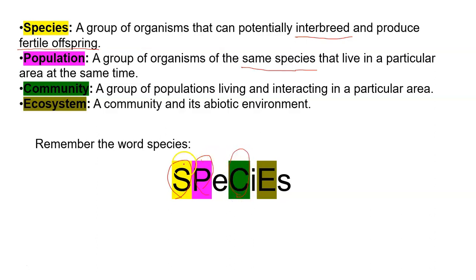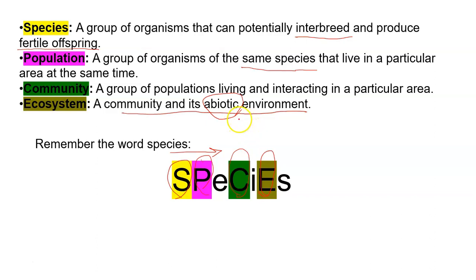You can see that the order is becoming bigger and bigger from S, P as species, population, and community. And finally, we end up with the ecosystem as ES or E, which is a community and its abiotic environment. What is the abiotic environment?